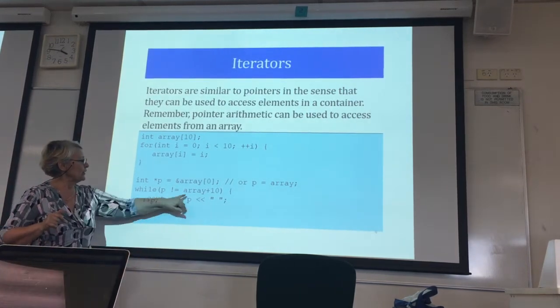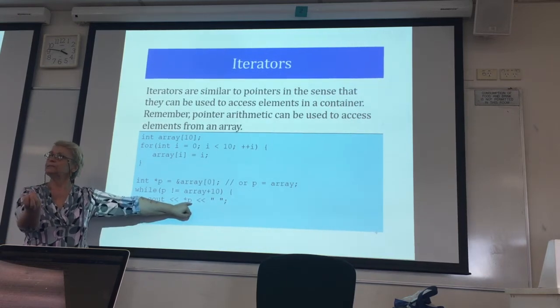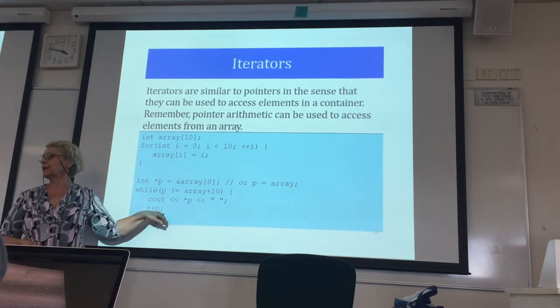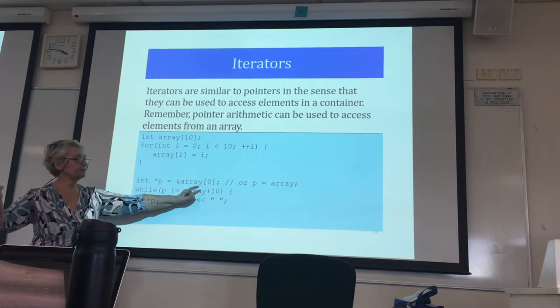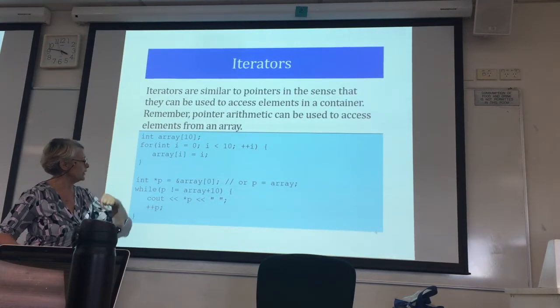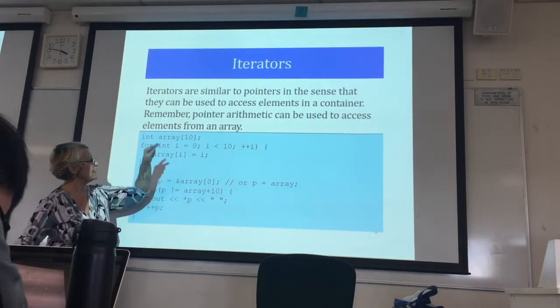And what we do, we dereference our pointer to see what was stored there. And then we move to the next location, right? So we start at the beginning. This is not 1 past the end. We dereference it, so we will have 0 display and space, and then we move to the next element, which will be 1.